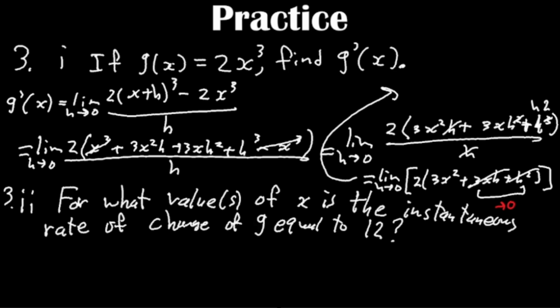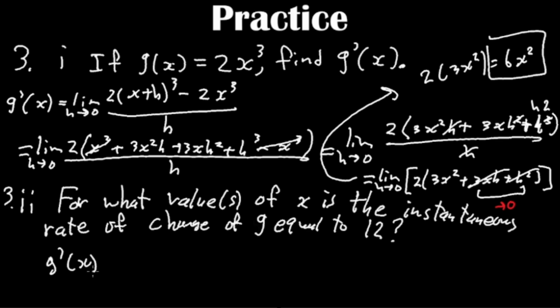So if we come over here for some room, since we took the limit, those go to 0, this is just 2 times 3x squared. That's 6x squared. Okay. Now, our second part is, for what values of x is the instantaneous rate of change of g equal to 12? The instantaneous rate of change of g is g prime of x.